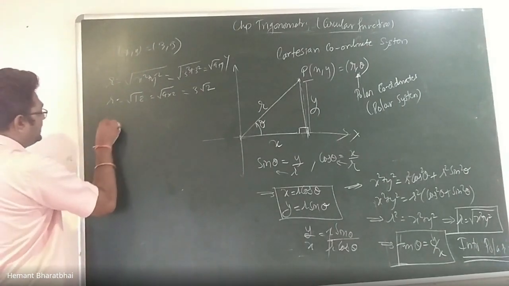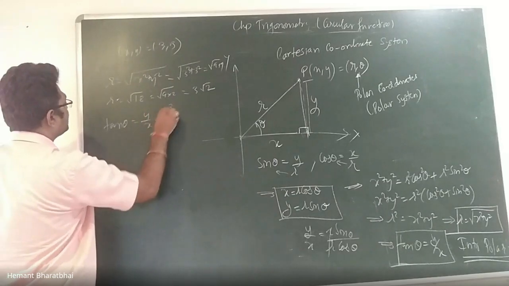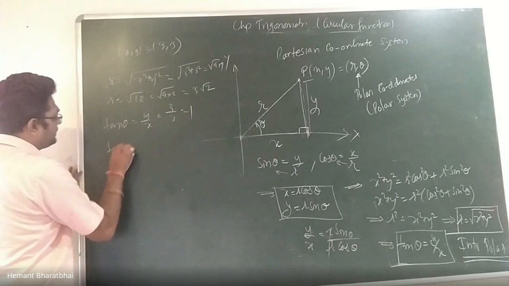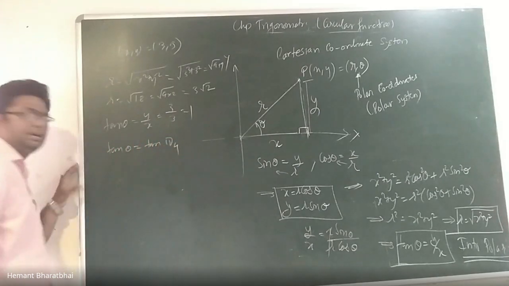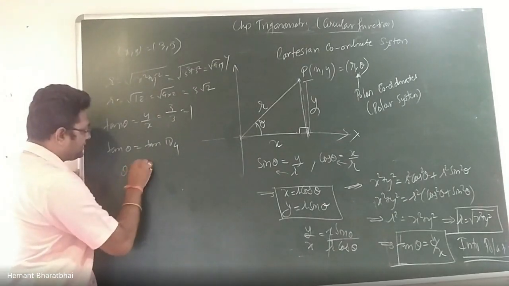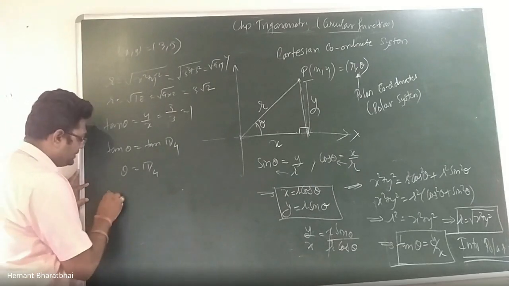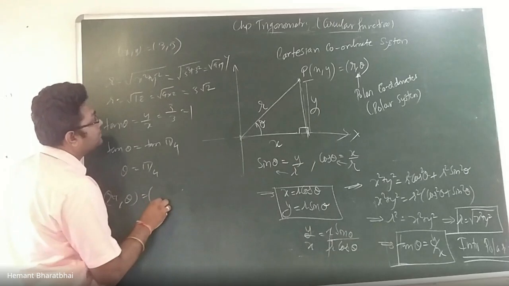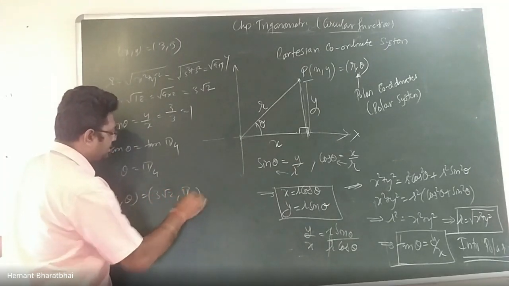And tan of theta is equal to y by x. My y is also 3, x is also 3, that is 1. So tan of theta is equal to tan of 45 degree, that is pi by 4, is 1. So tan gets cancelled, so I get theta is equal to pi by 4. So now r comma theta is equal to 3 root 2 comma pi by 4, that is 45 degree.